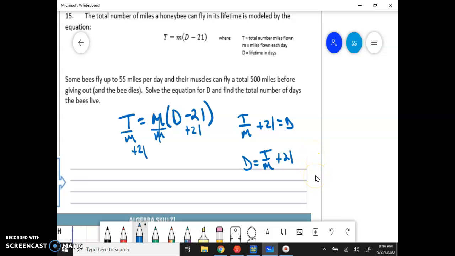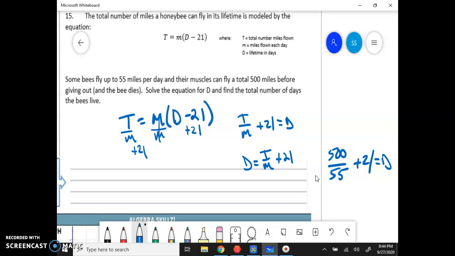The T is the total number of miles, so that's 500. Some bees fly up to 55 miles per day, so that's going to be our M, miles flown each day. Then we add 21 to that, and this is going to equal days. So let's type this in and see what we get.